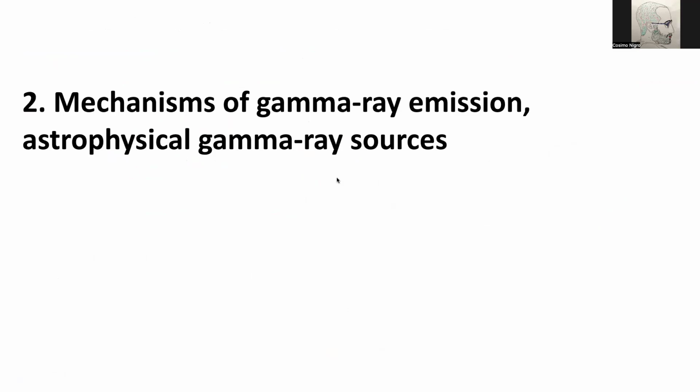Okay, before going into the last part, let's make a quick mental recap of what we saw until now. We saw that gamma ray is a discipline that is simultaneously a branch of particle physics, of astroparticle physics specifically, and of traditional astronomy, because it's an extension to the higher energies of the astronomy that we commonly practice at lower bands.